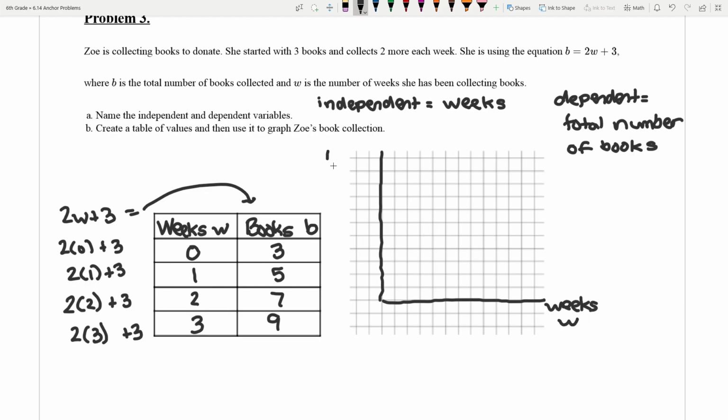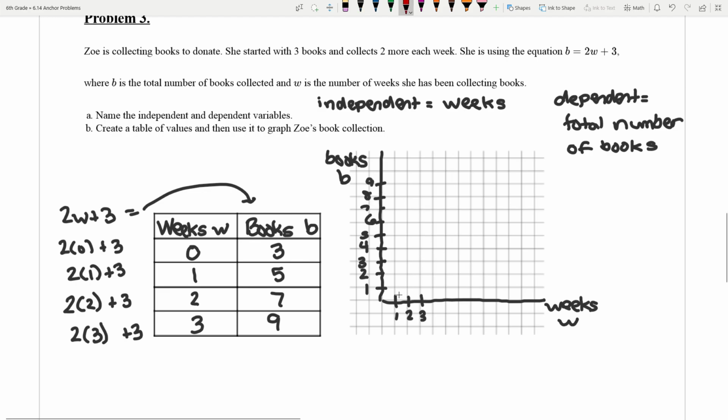Our dependent variable goes on the y, so books, which is our B. And we can just really go 1, 2, 3 here. And we can count by ones going up. 1, 2, 3, 4, 5, 6, 7, 8, 9.